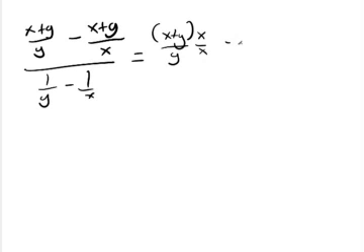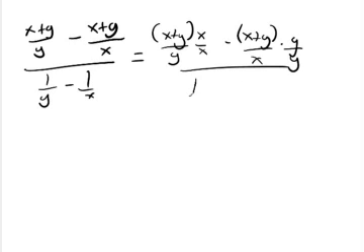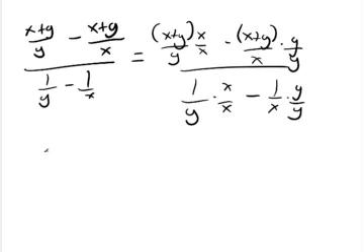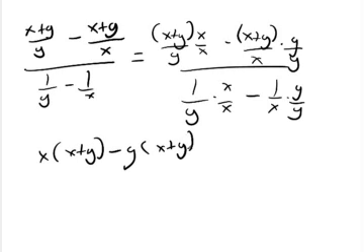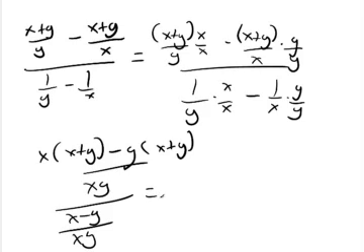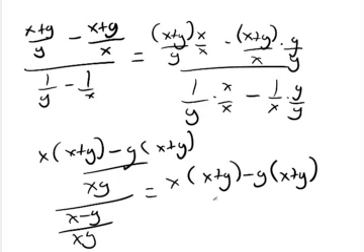We'll multiply x plus y here over x by the value of y over y, all divided by 1 over y times x over x minus 1 over x times y over y, yielding x times x plus y minus y times x plus y, divided by xy, divided by x minus y over xy, which is equivalent to x times x plus y minus y times x plus y divided by xy multiplied by xy over x minus y.